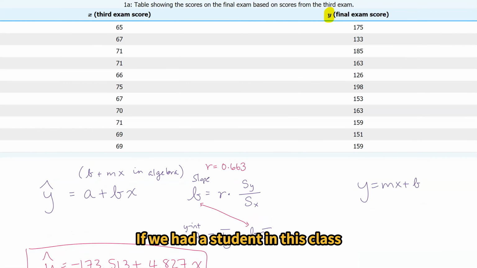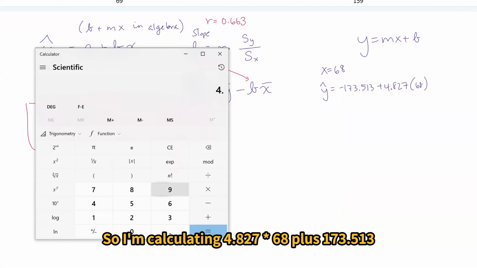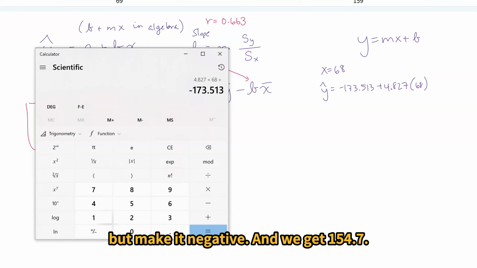If we had a student in this class that made a 68 on the third exam, we could predict the final exam by plugging in 68 for x. So calculating 4.827 times 68 plus negative 173.513, we get 154.7.